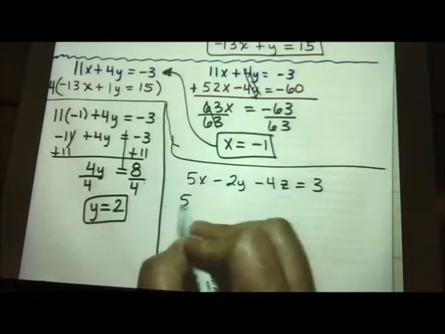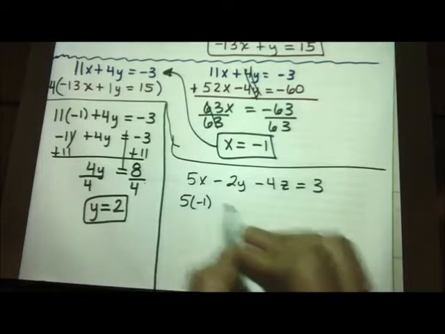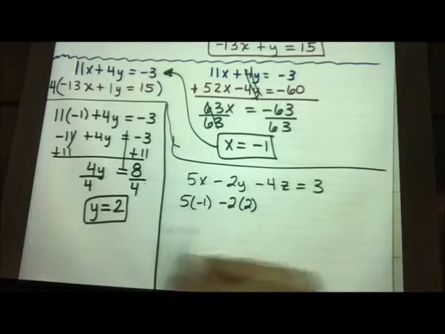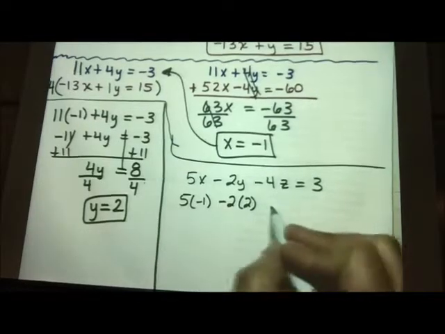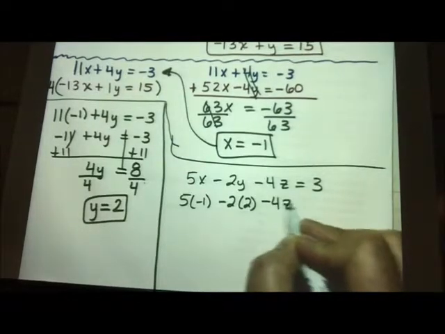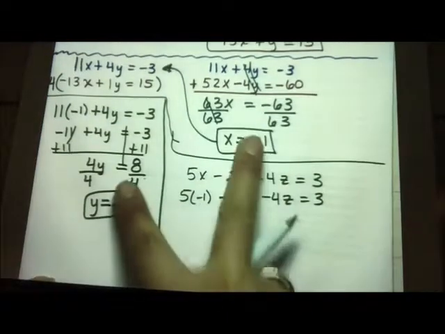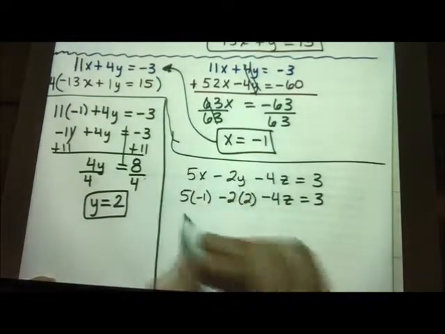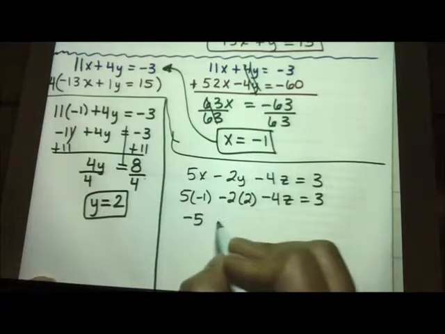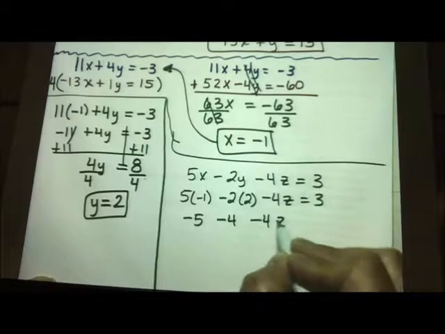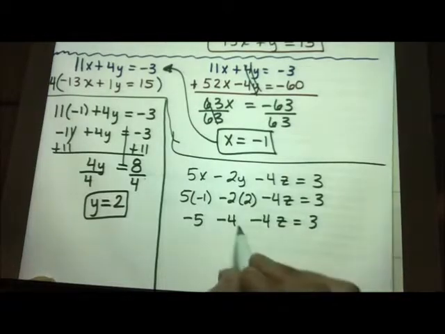So I have 5. I already know x is negative 1. Minus 2. I already know y is 2 because of this. Minus 4, z equals 3. So we have substituted both x and y in here. Negative 5, negative 4, minus 4, z equals 3.